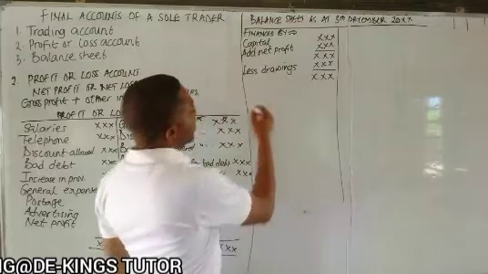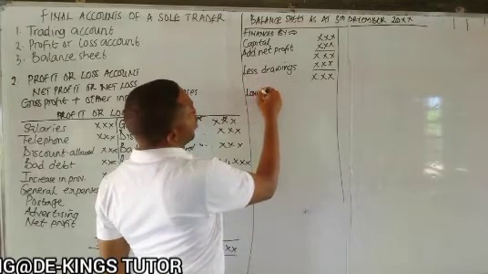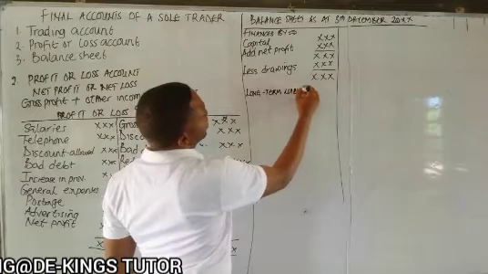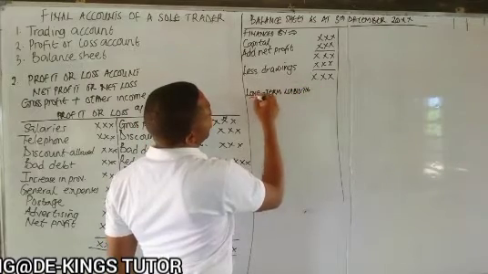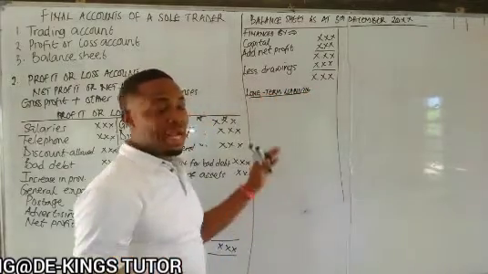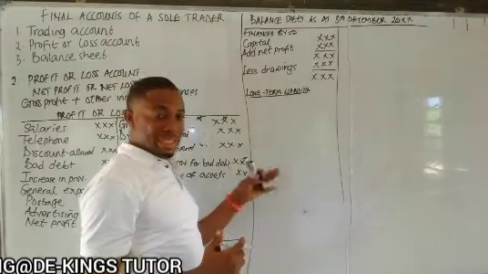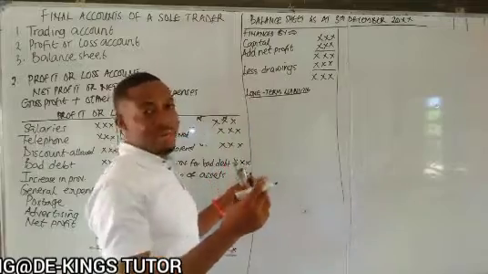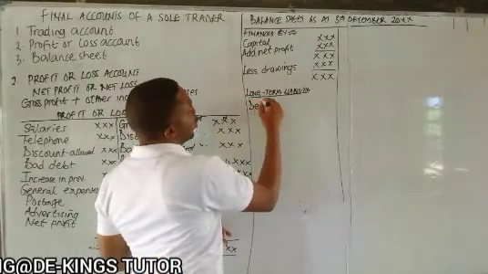Now we have what we call long-term liabilities. Long-term liabilities are those amounts owed by the firm that can last for more than 1 year. That's why it's called long-term. One of them is the debenture.